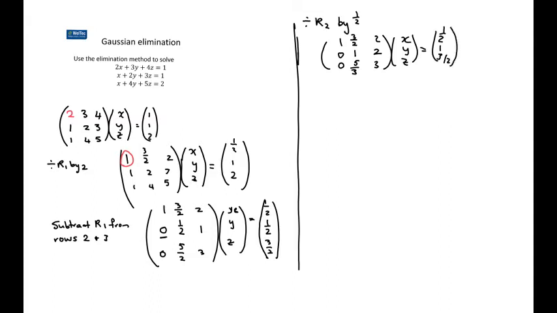Now, that's a 2 transcribed wrongly, that's a 5/2. Now we need the second term in the bottom row to be 0. So we're going to subtract 5/2 times row 2 from row 3, and that'll give us a 0 in the second element of the third row.